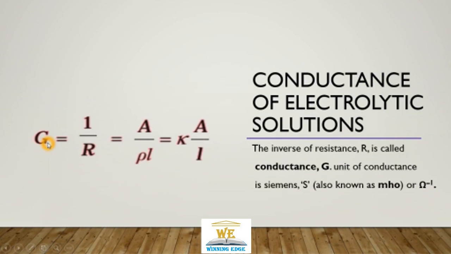G is the symbol for conductance, equal to 1 by R, as we know, the inverse of resistance. So with area per unit length and resistivity here, just as the inverse of resistance is conductance, the inverse of resistivity is conductivity. So conductivity into area by length, where the unit of length is meter, means the unit of conductivity will be Siemens per meter, so the meter goes to the other side.